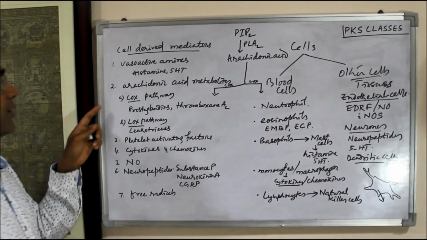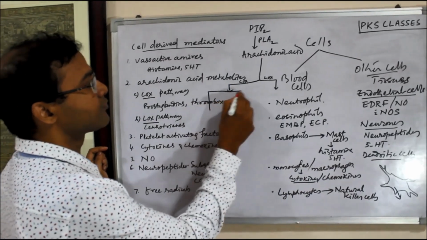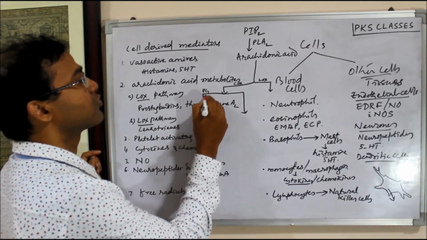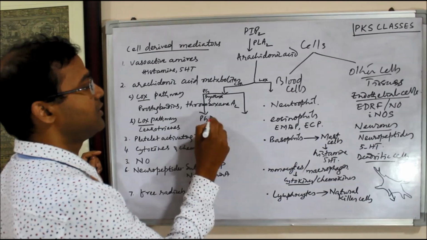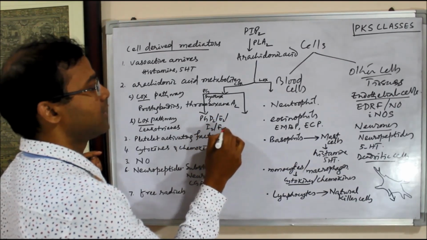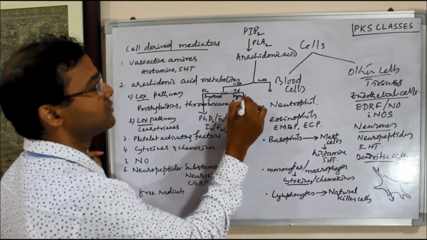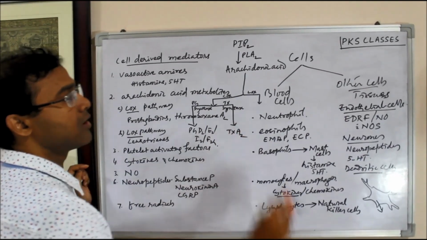In the COX pathway, there can be two different types. One is prostaglandin synthase, which produces prostaglandin D2, E2, I2, F2 alpha, and there can be thromboxane synthase, which produces thromboxane A2.